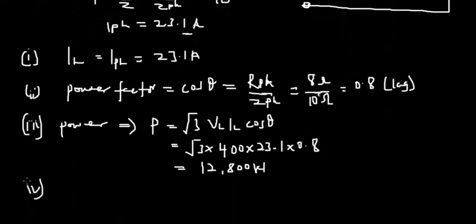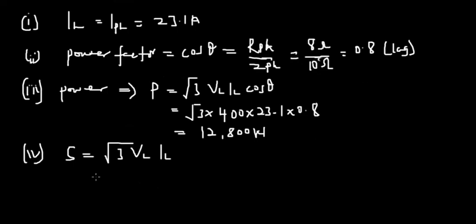So for the total volt amperes, that's where we have our S. Know that S is equal to root 3 VL times IL. So S is equal to root 3 multiplied by 400, and then multiplied by 23.1.